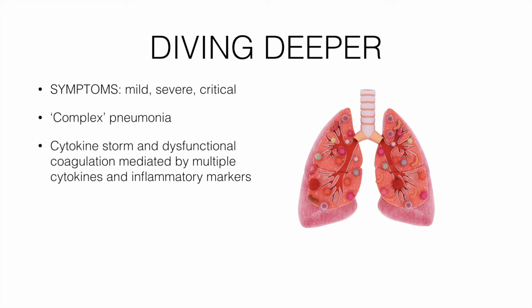But sometimes, depending on the degree of infection and how our immune system works individually, we can go into overdrive. A cytokine storm is an excessive release of inflammatory markers and cytokines, these messengers, causing extensive tissue damage. And in the case of COVID-19, we're starting to see dysfunctional coagulation, meaning the body is now throwing clots everywhere.